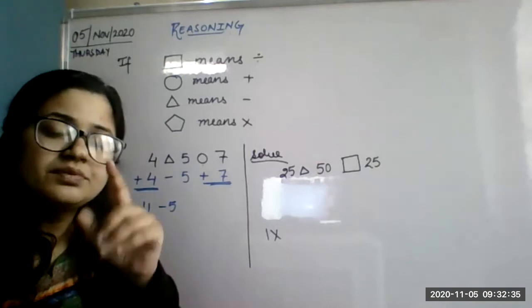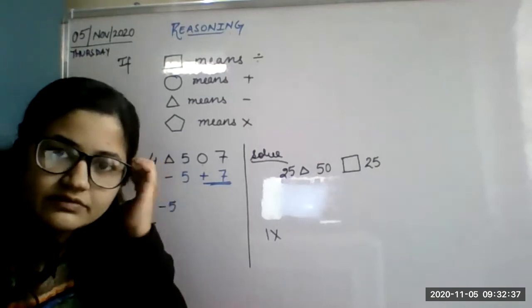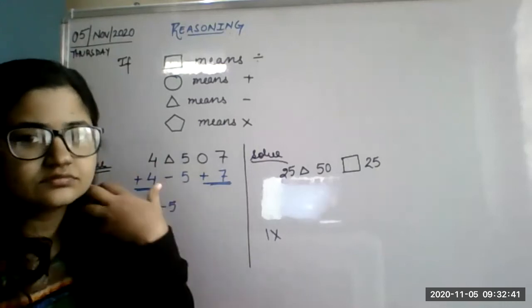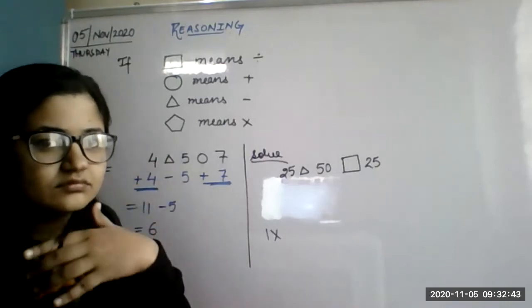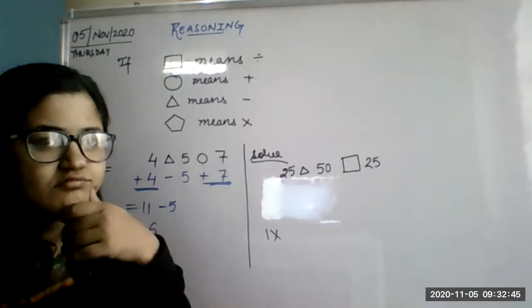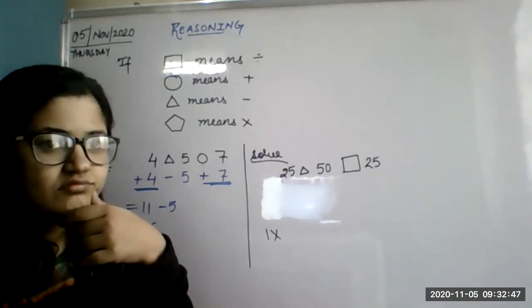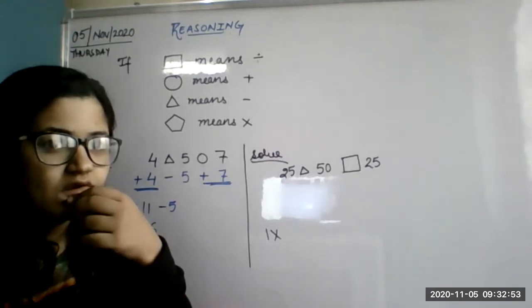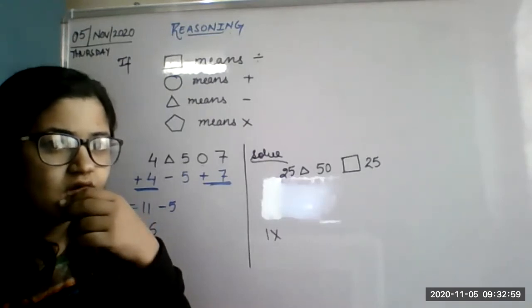Next time we are going to practice reasoning because you are very weak at reasoning mathematical operations. Ma'am, 23.